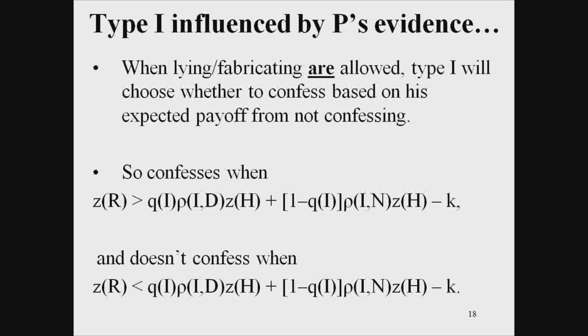If the probability is high enough, making my prospect at trial bad enough, I'm going to confess. If that Q is such that my expected payoff at trial is good enough, then I won't confess, right? That's all this says, right?